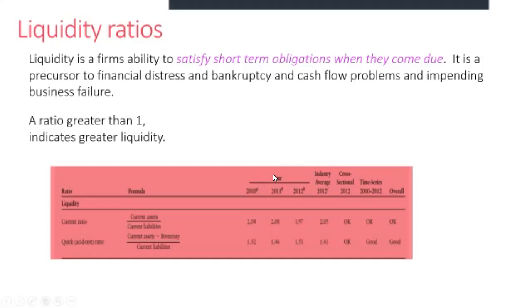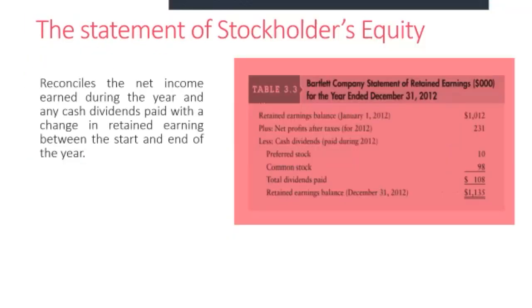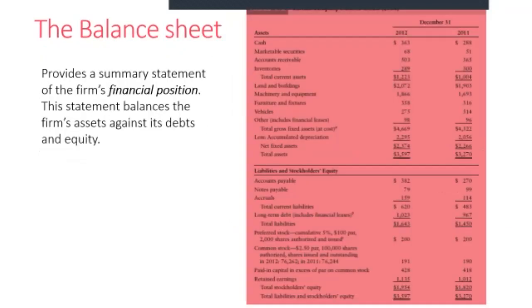And through the example, if you go back to this slide and you see through the example, current assets over current liabilities in the balance sheet. We have here current assets totaling 1,223,000.